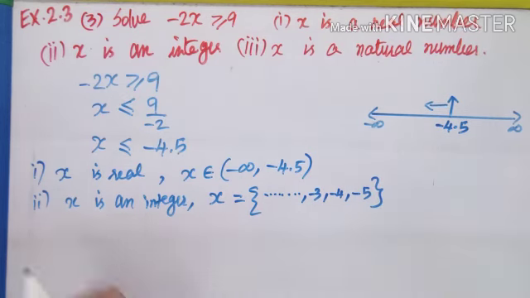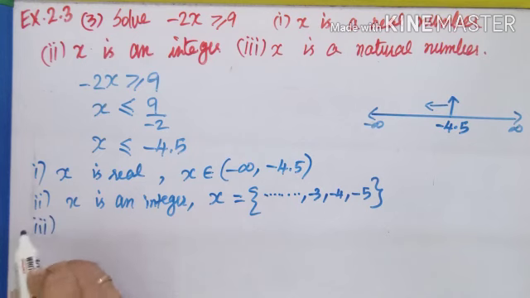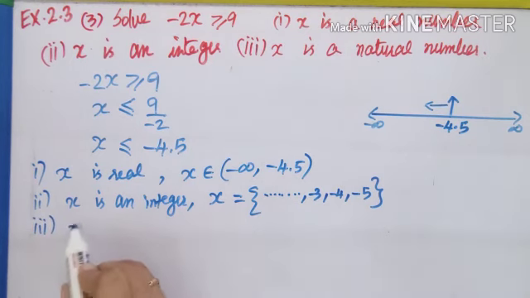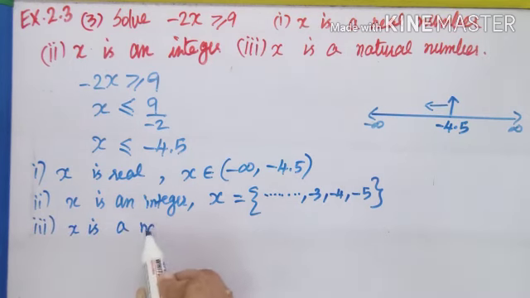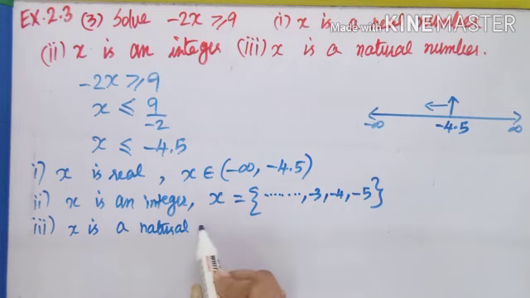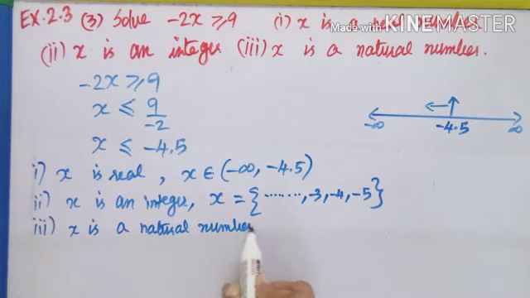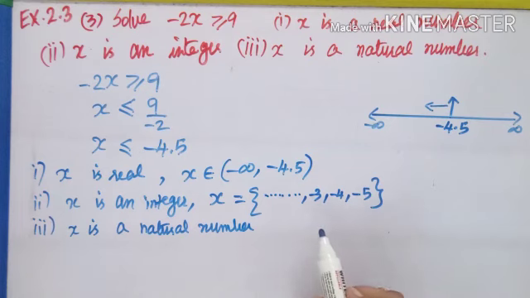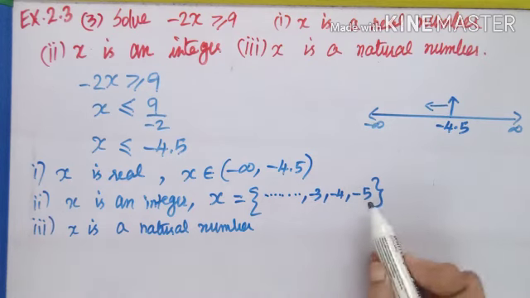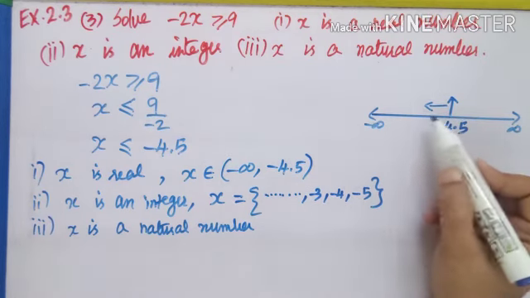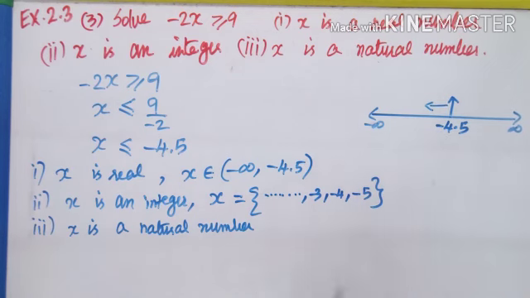And now the third part, x is a natural number. How does the natural number start? Natural numbers start with 1, 2, 3 like that. But my answers are below minus 4.5, which are negative.